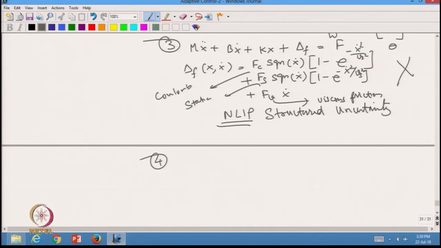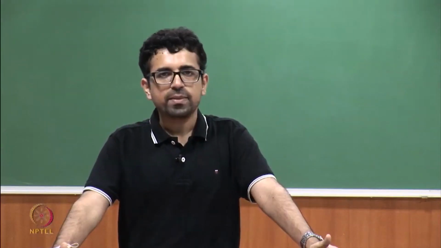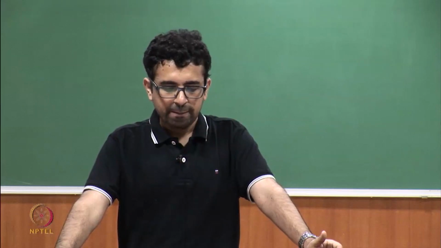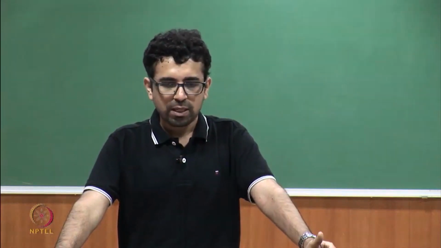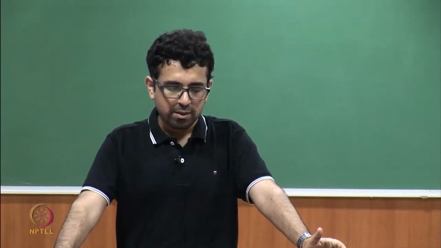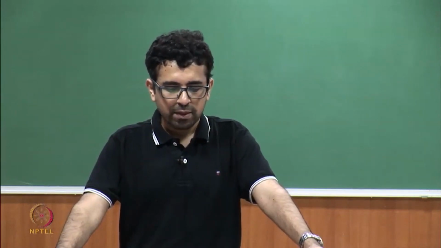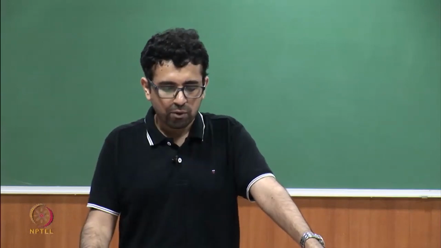Then we come to number 4. Number 4 could be unstructured uncertainty, where we do not exactly know the structure of the uncertainty. You could also talk about unmodeled dynamics. There are systems for which we cannot model certain parts, and we call them the unmodeled dynamics.